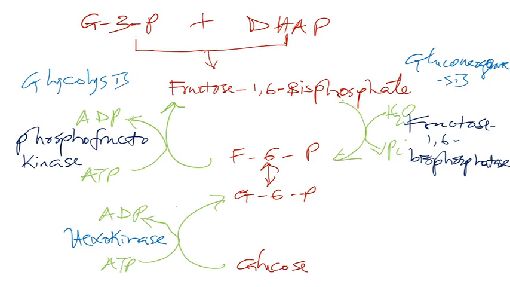For gluconeogenesis, to move from glucose 6-phosphate to glucose, again here we are removing a phosphate.